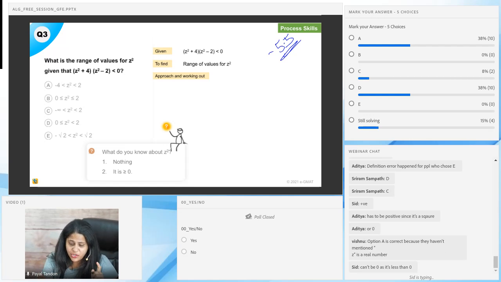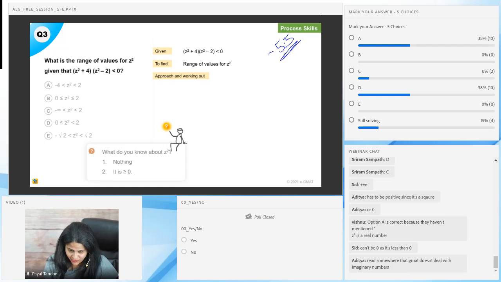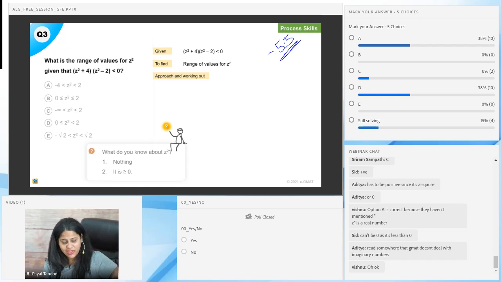Now Vishnu, everything on GMAT deals with real numbers. That's something which you have to go with. A lot of the concepts all entail real numbers, which is why option A would not be correct. Yes, you're absolutely right, Aditya. It doesn't deal with imaginary numbers. Which is where you have all those constraints, which is why all these conceptual constraints are very, very critical.